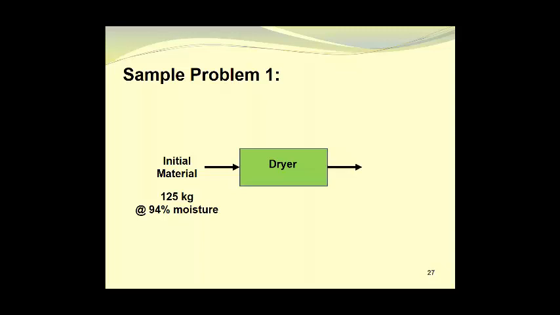Coming out of the dryer, we have the dried material. It has an unknown weight and an unknown moisture. However, we also know a little bit about the water stream that's coming out of the dryer as water vapor. The water will weigh 75 kilograms, since we are told that 75 kilograms of water are removed in the drying process.